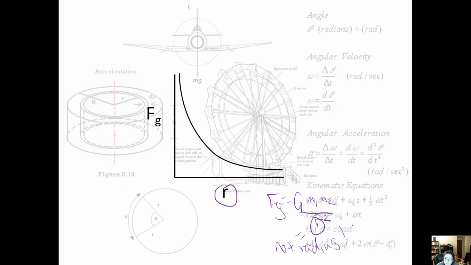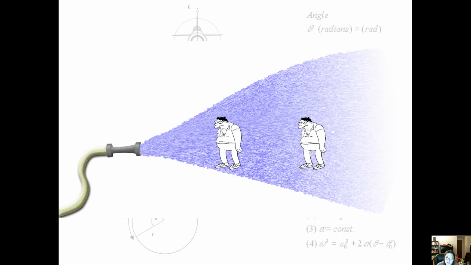It's the distance between two objects. So you don't cut it in half. As you can see, as the distance increases between them, the force decreases. So they're inversely related. Okay.